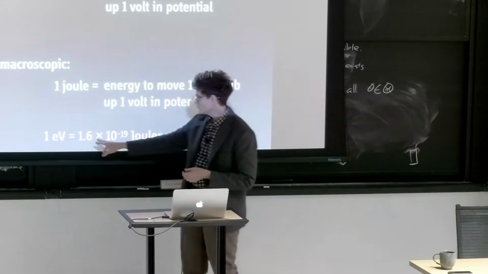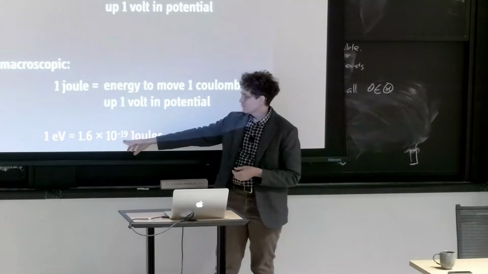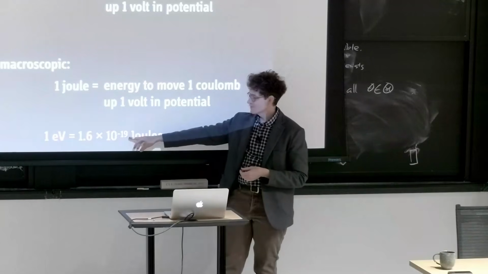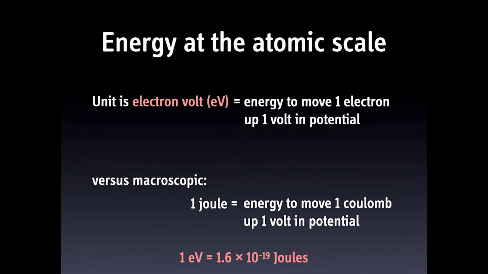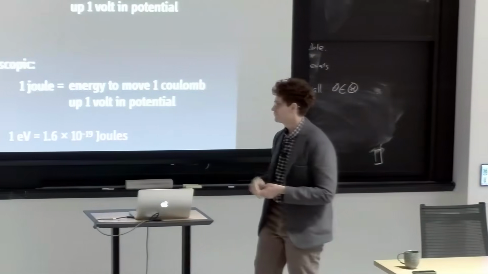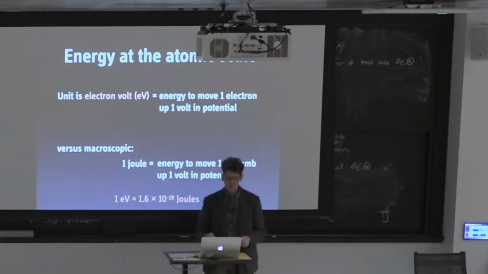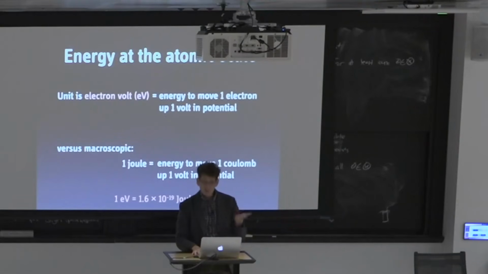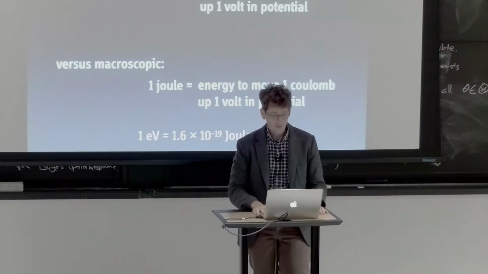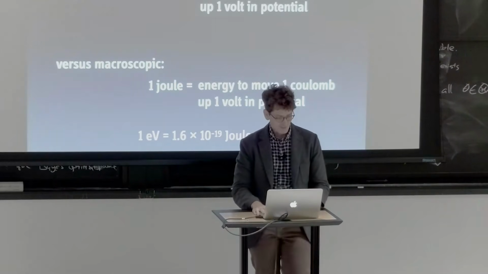So it turns out the conversion is 1.6 times 10 to the minus 19. This is a very, very small amount of energy, and that's why, instead of having these huge exponents, we just choose to use this unit. All right, so we'll talk about electron volts all the time. Electron volts, you'll hear me say it a lot. Just to give you a sense of the scale.